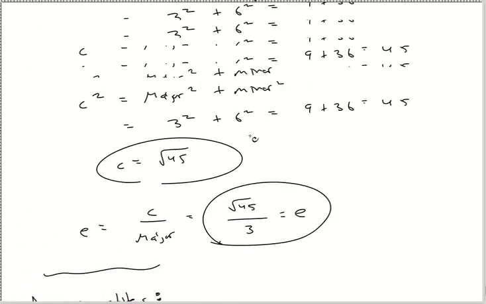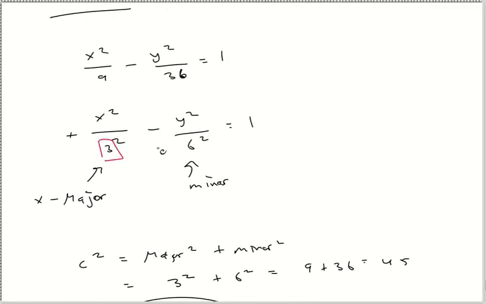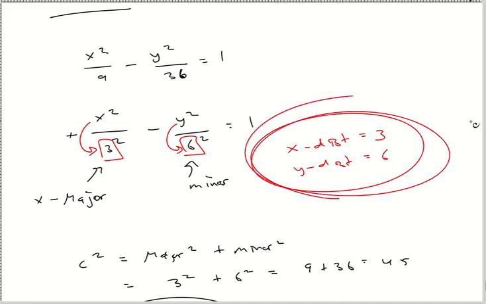Essentially, here's the idea. You can see that I have my two numbers right here, major and minor. Now, notice that this is an x, so that's my x distance. It just happens to be the major in this case. And then my y distance is a 6. So in this particular case, x distance is a 3, and my y distance is a 6, okay? Again, it just so happened that I had an x major.